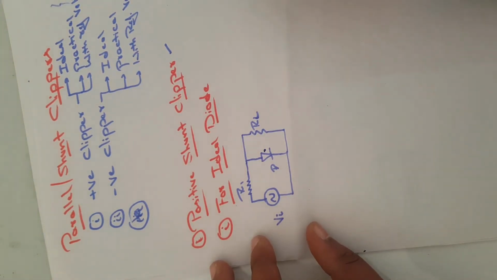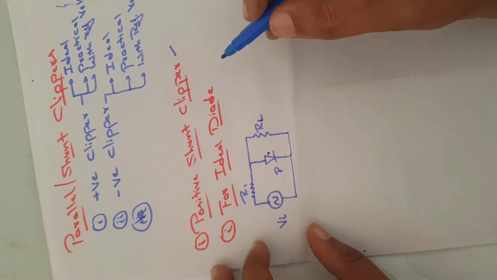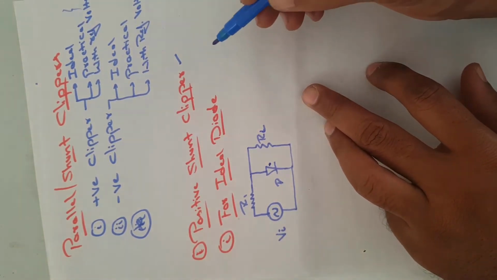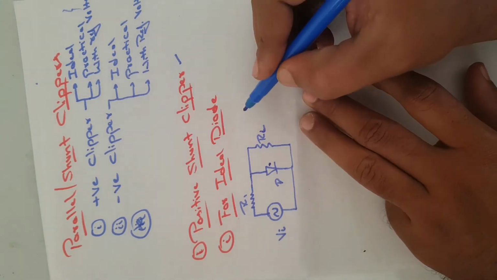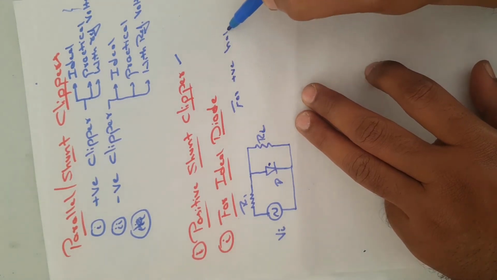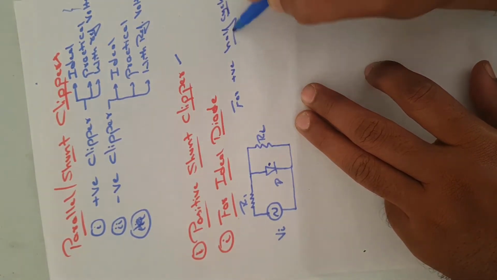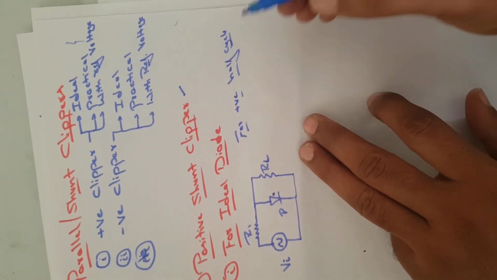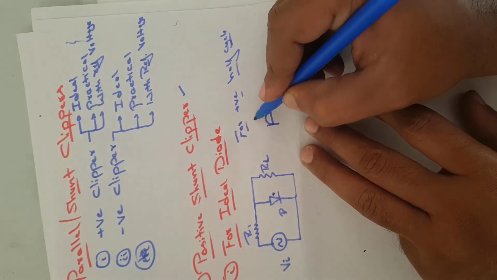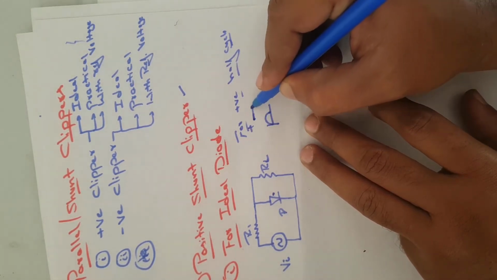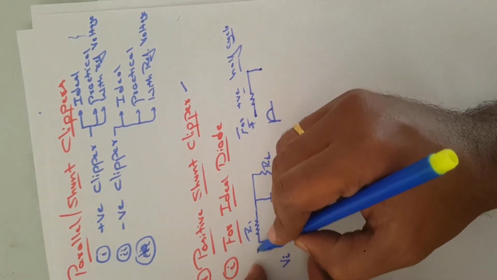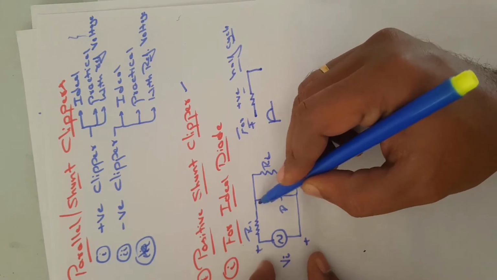This is the diode, which is an ideal one. Let me analyze the circuit during the positive half cycle as well as the negative half cycle in order to find out the output voltage in the respective cases. First case is the positive half cycle. During the positive half cycle the waveform will be positive, therefore this node is positive, and this is negative, so the anode is connected to positive.